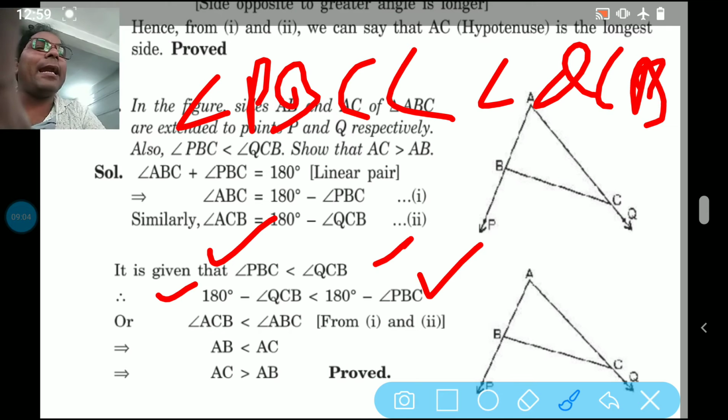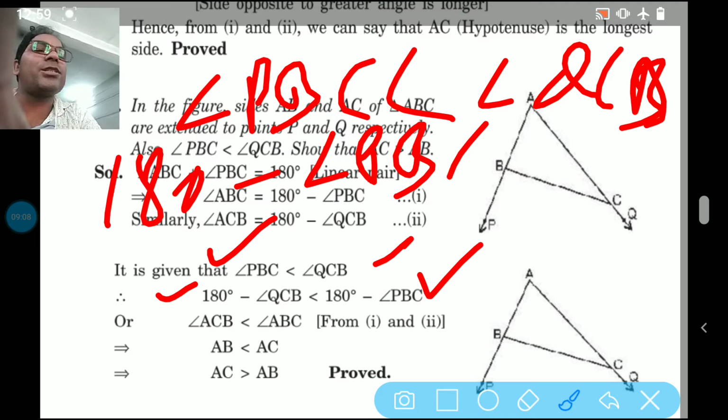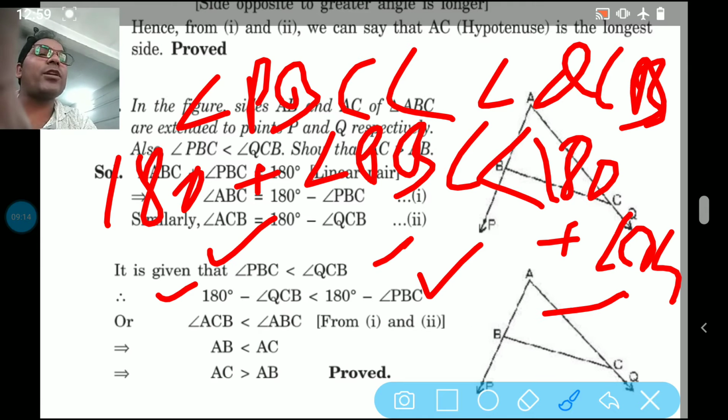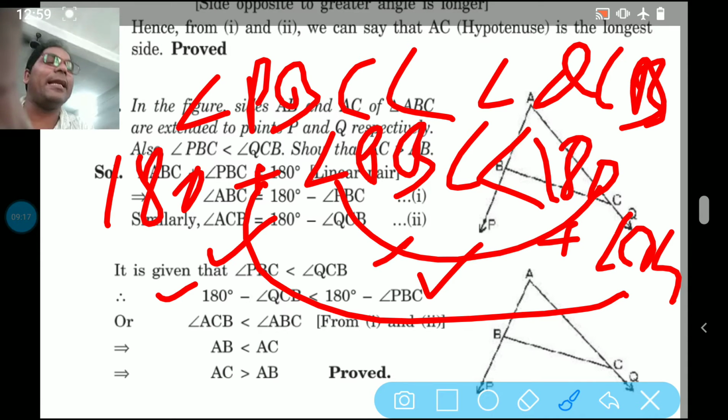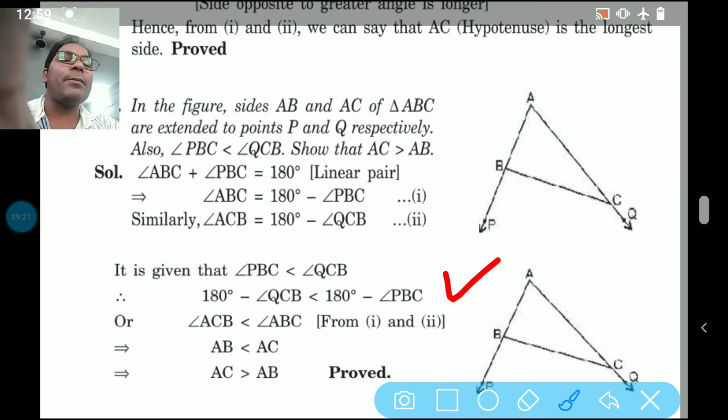Then adding 180 to both sides, it will be 180 minus angle PBC is less than 180 plus angle QCB. Now QCB take this side and PBC that side, then they will be minus. So they will come in this form: 180 minus QCB and 180 minus PBC.